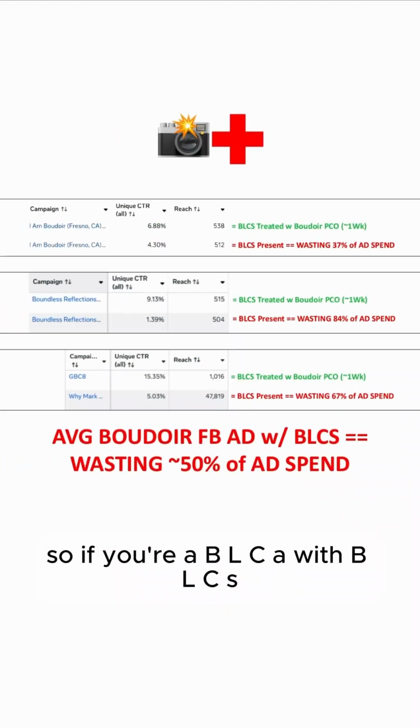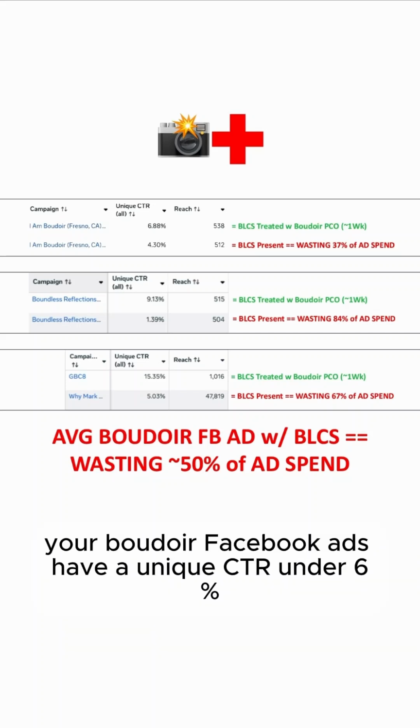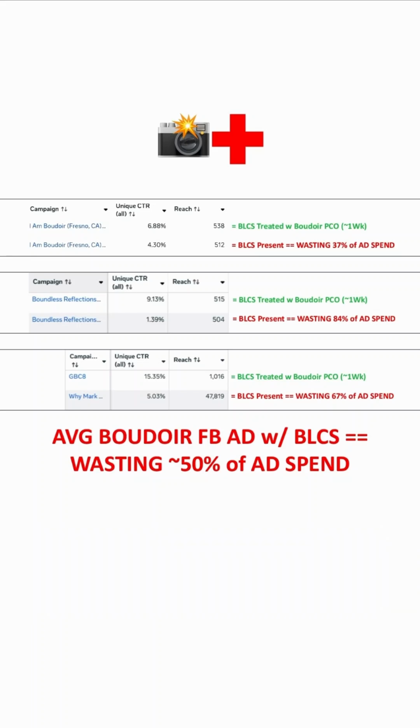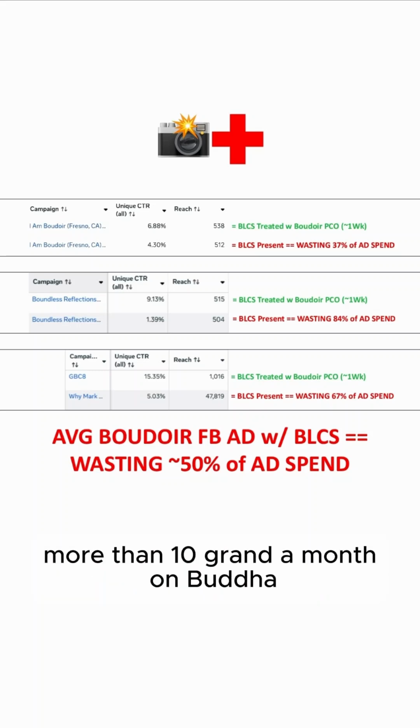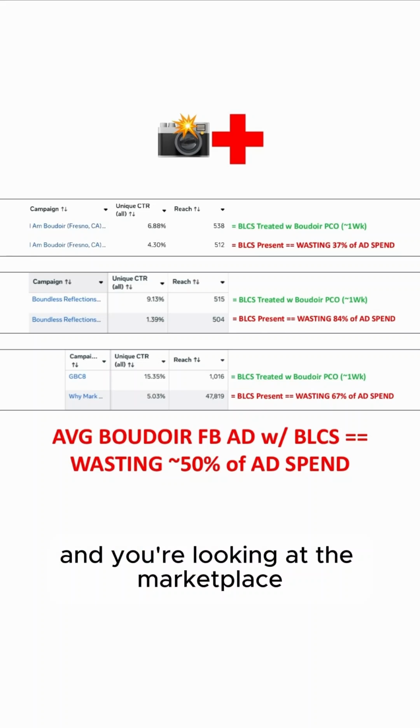So if you're a BLCA with BLCS, a boudoir low click advertiser with boudoir low click syndrome, your boudoir Facebook ads have a unique CTR under 6%, and you're spending more than 10 grand a month on boudoir Facebook ads, and you're looking at the marketplace and it's getting more and more saturated.